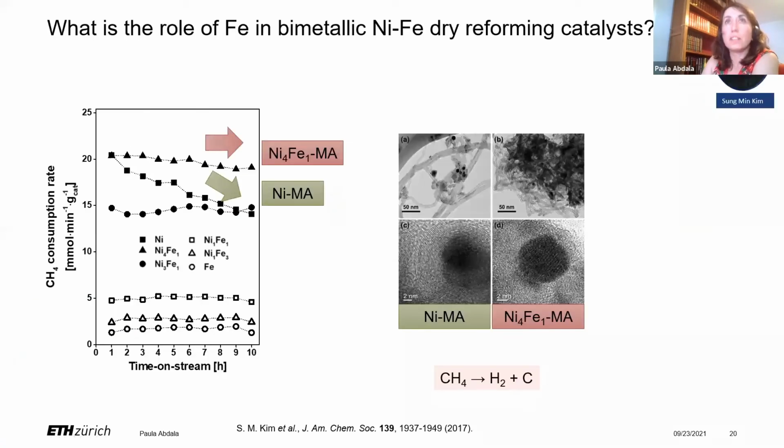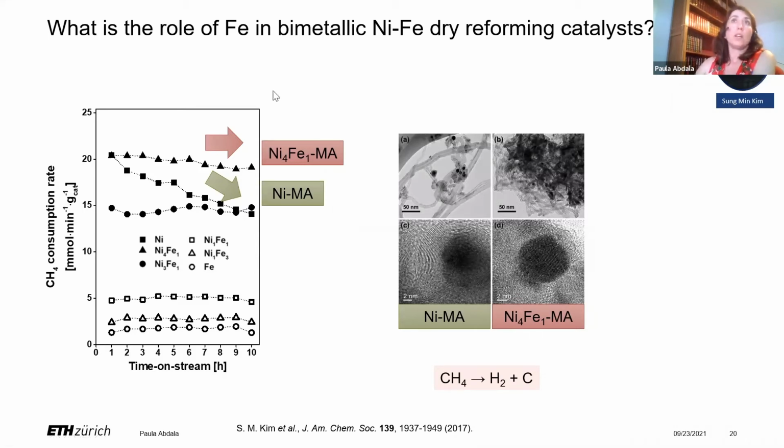The first example I'd like to talk about is work we did a while ago, led by Sung and Kim. Here we investigated a series of nickel-based and nickel-iron-based catalysts. We produced a series of nickel and nickel-iron alloys supported on a metal oxide composed of magnesium and aluminum oxide.